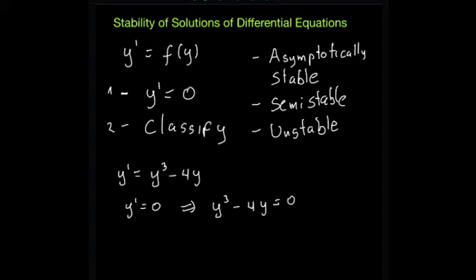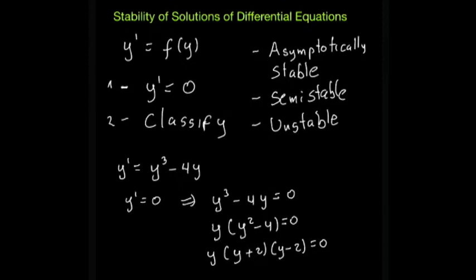Here we can factor the y out and we'll have y times (y squared minus 4) equals 0. Sorry if my 4's and my y's look very similar, but the y has that tail and the 4 doesn't. Continuing, we have y, y plus 2, and y minus 2 equals 0.